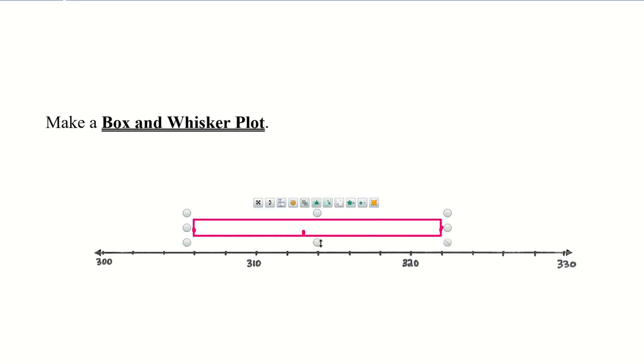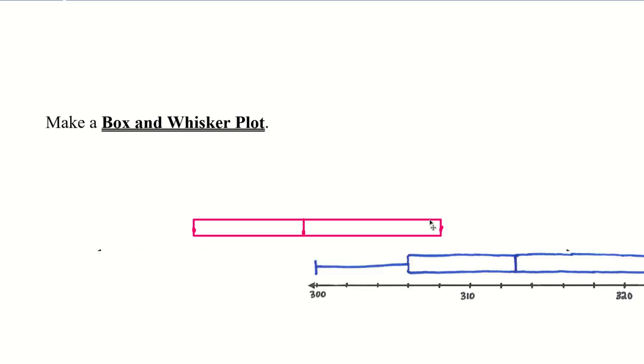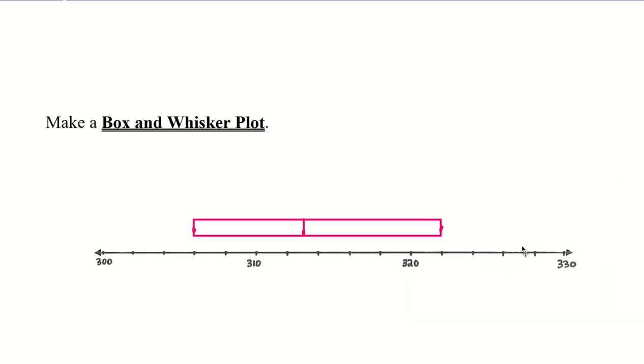So you draw a box. This is called a box and whisker plot. So here's the box. It starts at the lower median, goes all the way to the upper median, and then we have a line that we draw at the overall median.